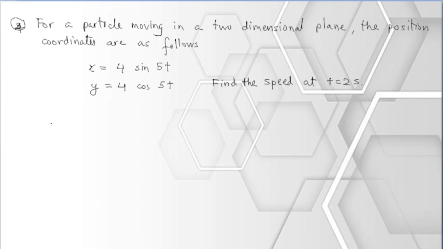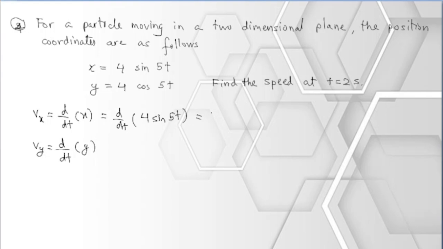So this will have two components, right? Now there is Vx equal to d by dt of x, and then there is Vy, that's d by dt of y, that is d by dt of 4 sine 5t, that is 4 constant, so 4 is outside.